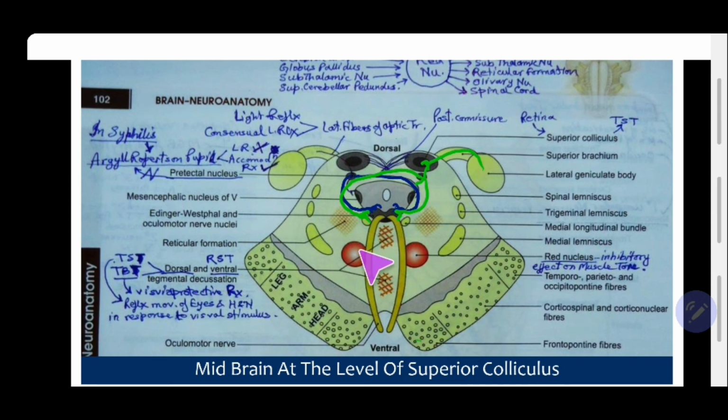Both tectospinal and rubrospinal are extrapyramidal tracts. The fibers from the red nucleus form the ventral tegmental decussation.